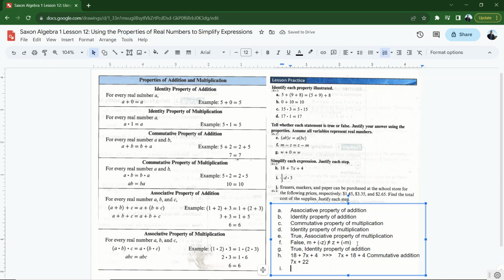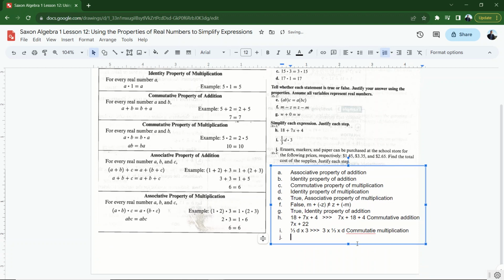One third d times 3. I can rewrite that. So one third d times 3 becomes 3 times one third times d. That's the commutative property of multiplication.